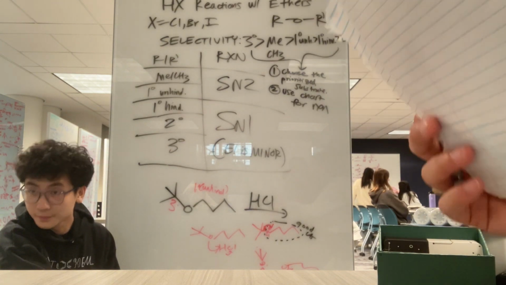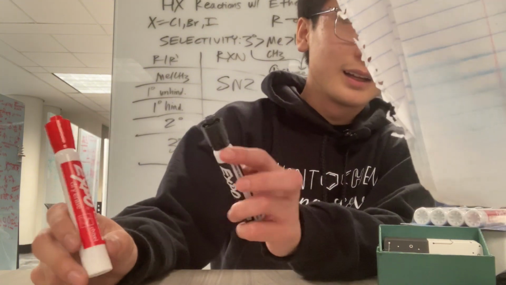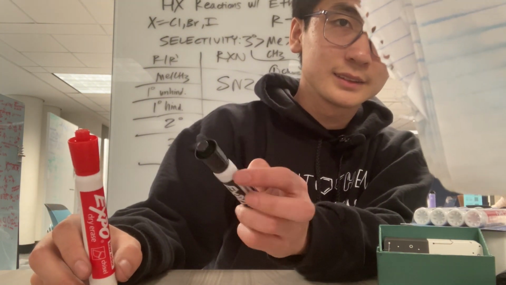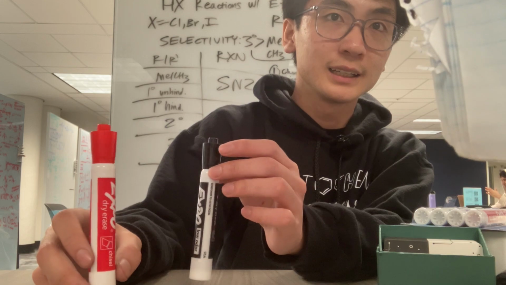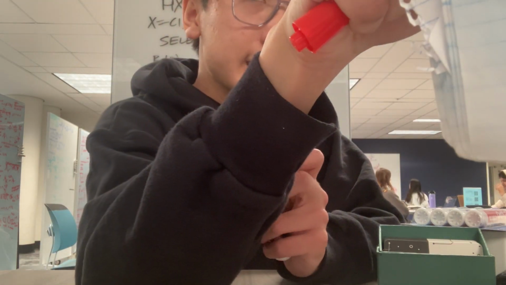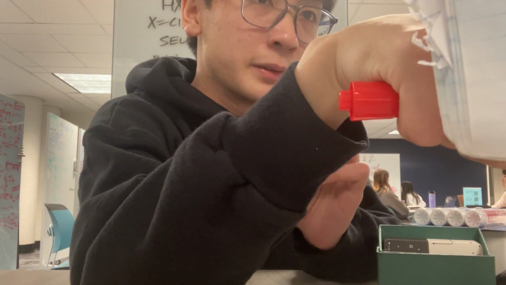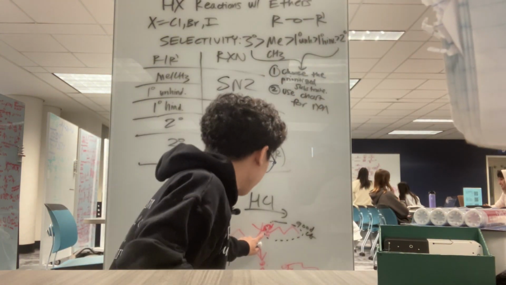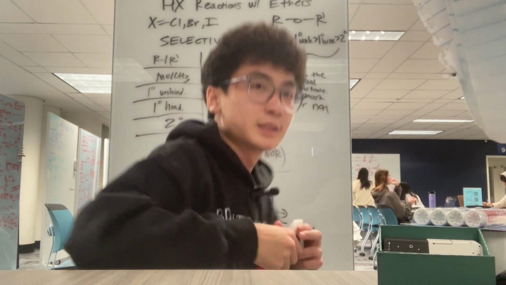Could you explain how the E1 mechanism worked again? Because I have this as the major product from the SN1, right? How does the E1 create this? Where did you get that methyl group from? So when we kick off the bond, the two electrons of that bond go onto the oxygen.